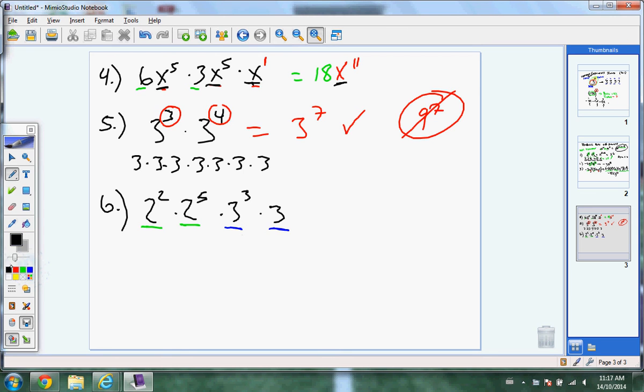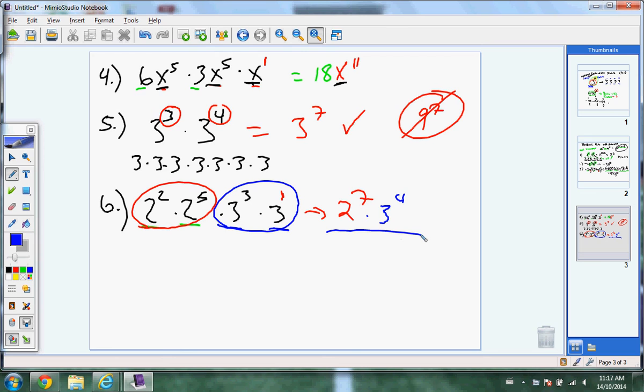Okay, we talked about earlier, if the 3 right here doesn't have an exponent, we know it's a 1. Okay, remember, we do not multiply the bases here. We will not have 4 to the 7th. That is not possible. It's going to be 2 to the 7th for this chunk. And then for my 3 chunk, it's going to be 3 to the 4th. And it just stays that way.